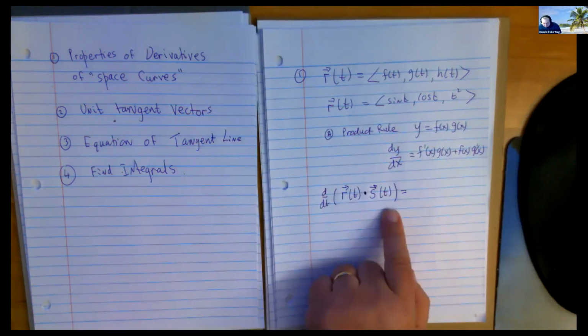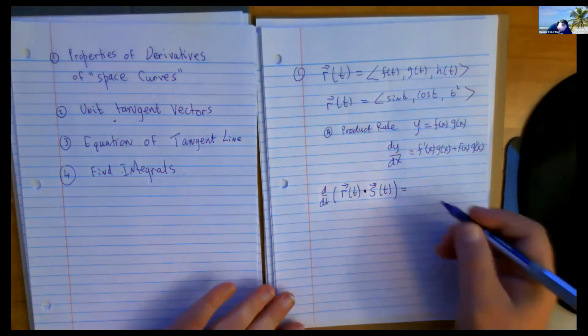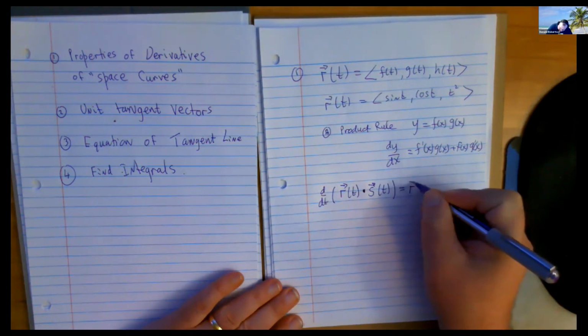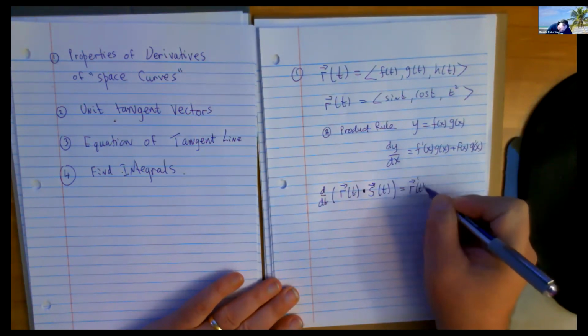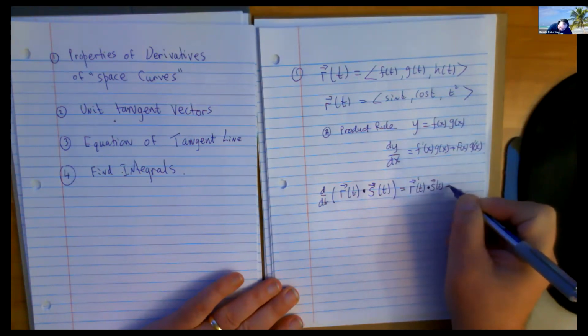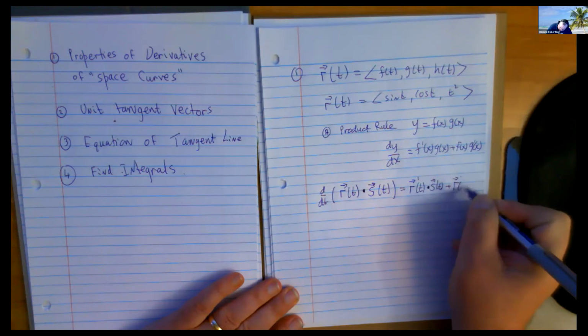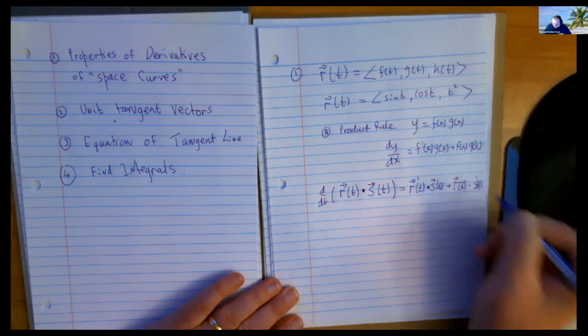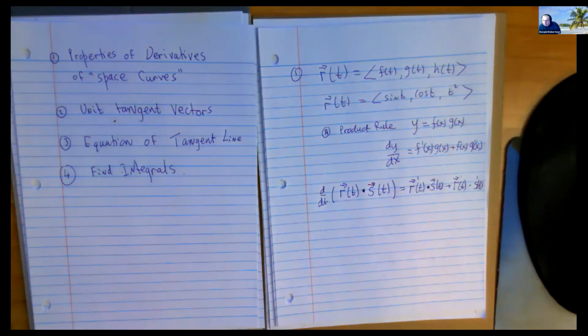That's quite a messy thing. So what's the result? That dot is a dot product. Well, it is r dash t dot product with s of t plus r of t dot product s dash of t. Isn't that essentially the same kind of structure as a product rule?